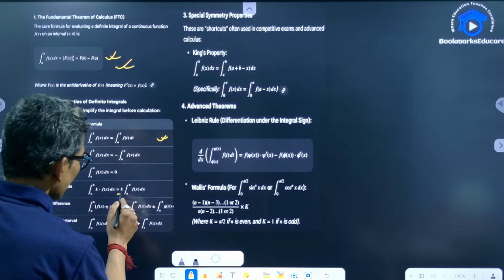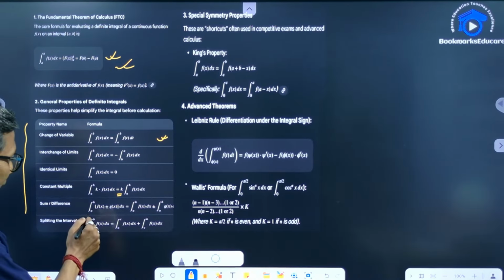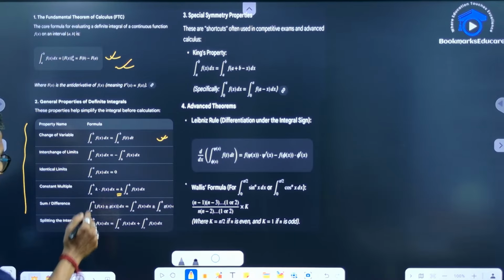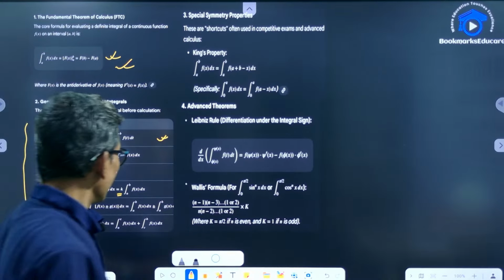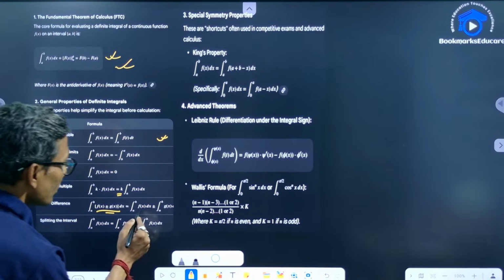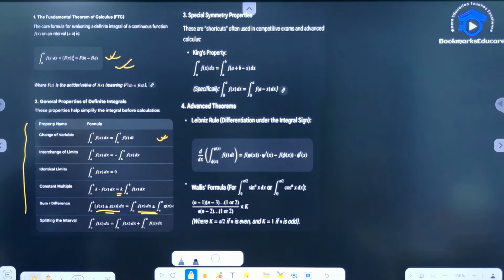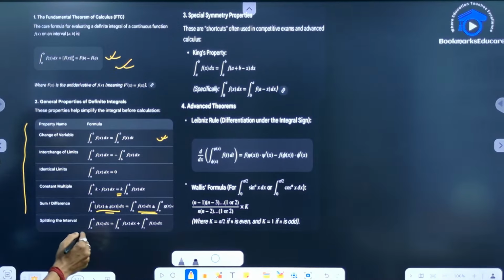Similarly, the integral from a to b of f of x plus or minus g of x dx, then you can split the integrand part like this.